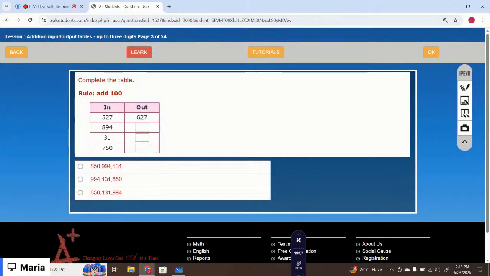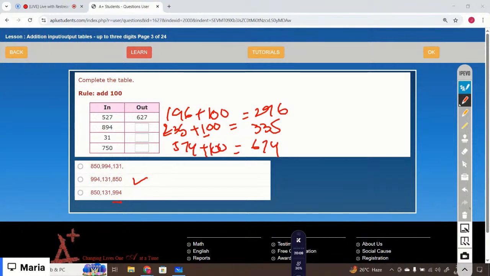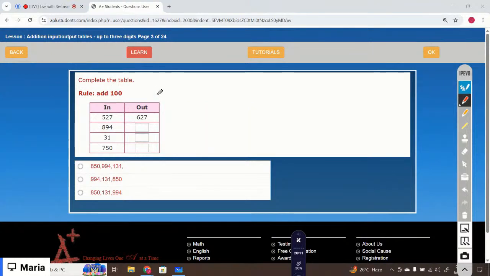Complete the table, add 100. So let's just add 100 to 894. 894 plus 100 is 994. 31 plus 100 is 131. 750 plus 100 is 850.